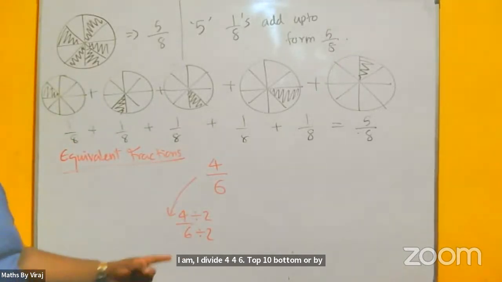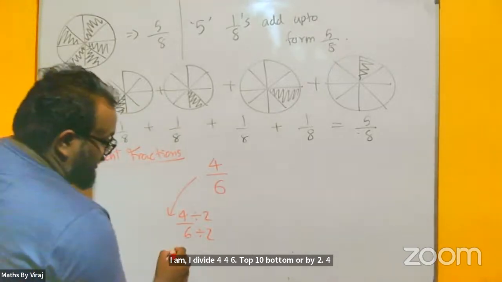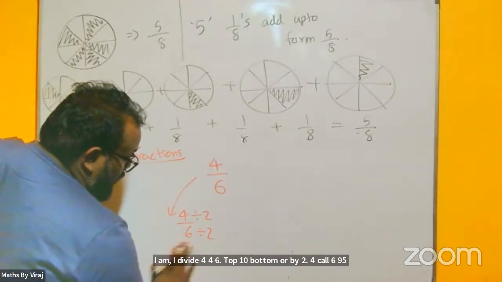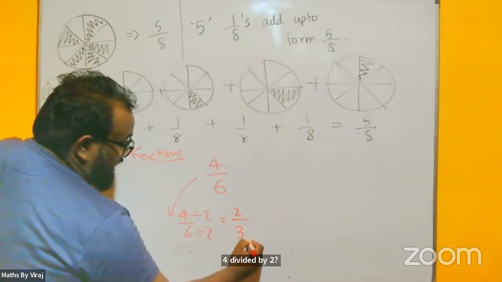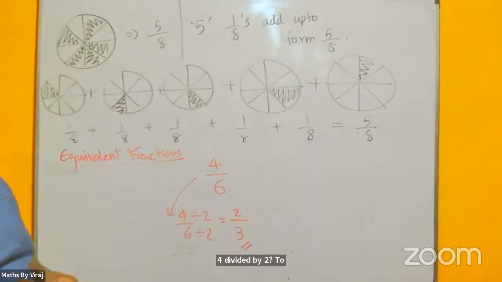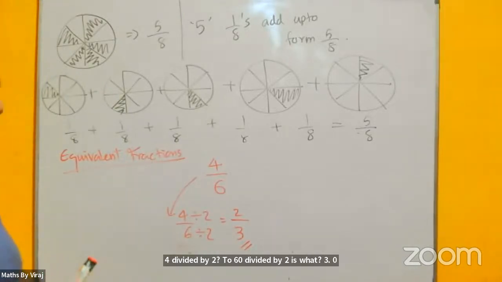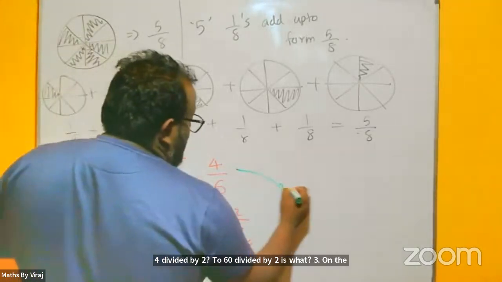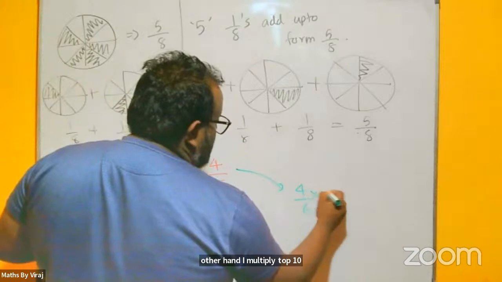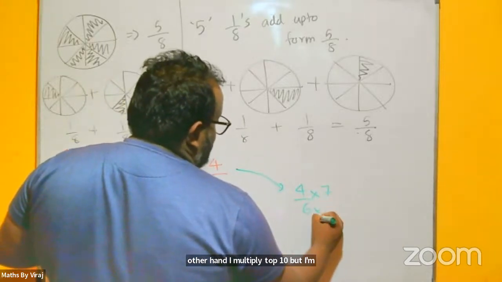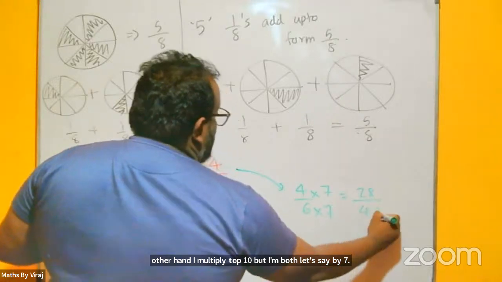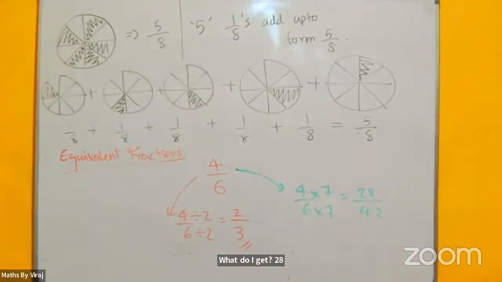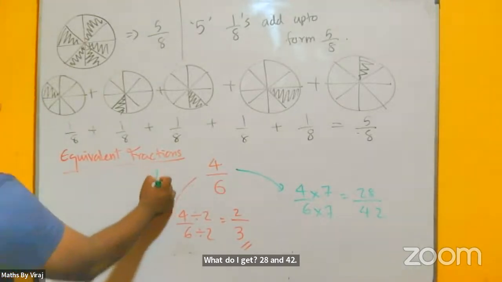I divide top and bottom both by 2. What am I getting? 4 divided by 2 is 2. 6 divided by 2 is what? 3. On the other hand, if I multiply top and bottom both by 7, what do I get? 28 and 42.